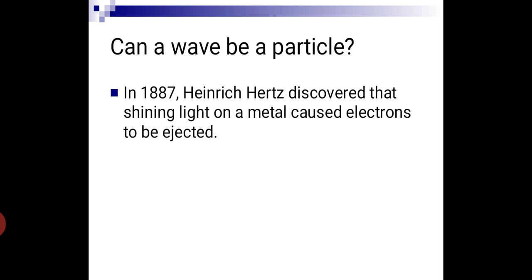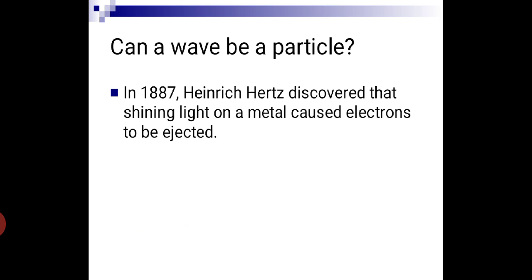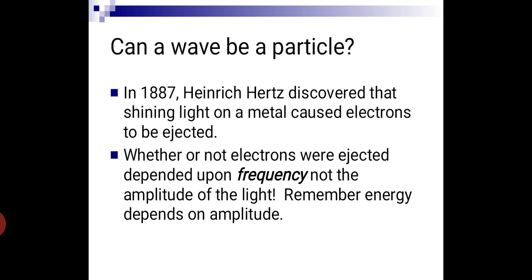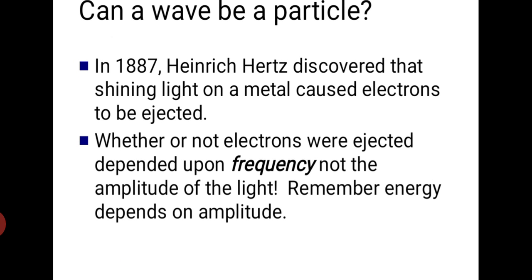One more topic is associated with characteristics. Can a wave be a particle? In 1887, Heinrich Hertz discovered that shining light on a metal caused electrons to be ejected. Whether or not electrons were ejected depends upon frequency, not the amplitude of the light.